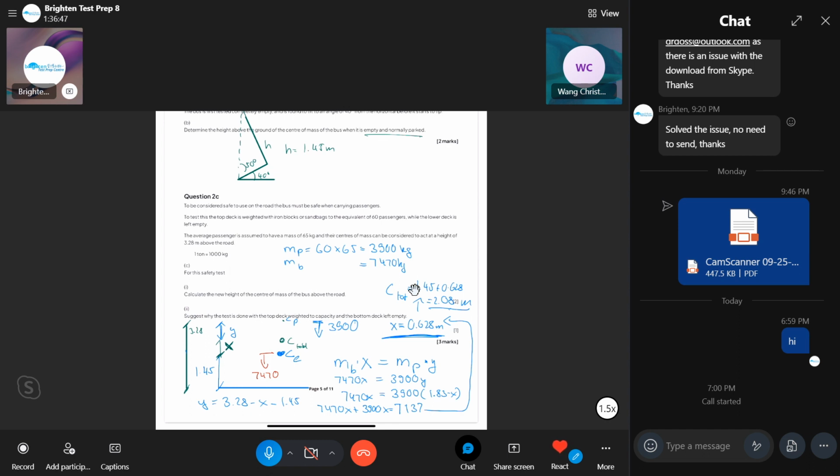So obviously, y is about 1.2 meters. So that one has been brought down substantially because the bus is nearly double the mass of the passengers. So of course, it will bring it down significantly lower to the center. And hence, that one is less of an impact, just by 60 centimeters, which is still a lot compared to 1.45, but still. And accordingly, it will result in this 2.08.